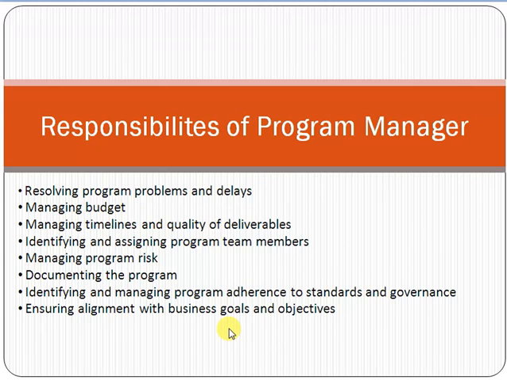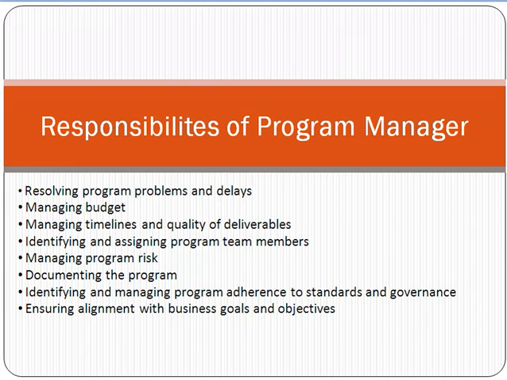He is also monitoring and planning the program, and if there is any shortage of resources or any problem related to budget, cost, resources, timeline, etc., related to the program, not with the project. Remember, not with the project, but the overall program. So he is the person who is managing these activities.